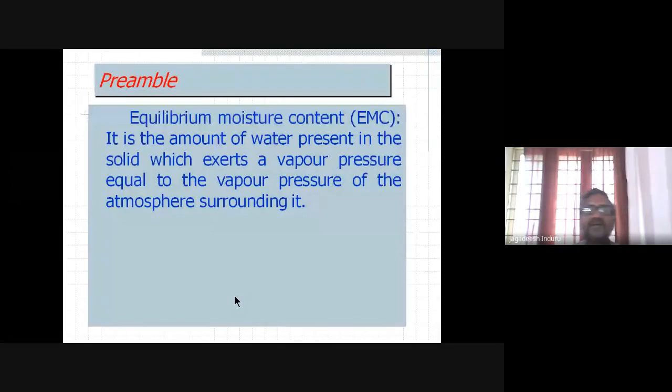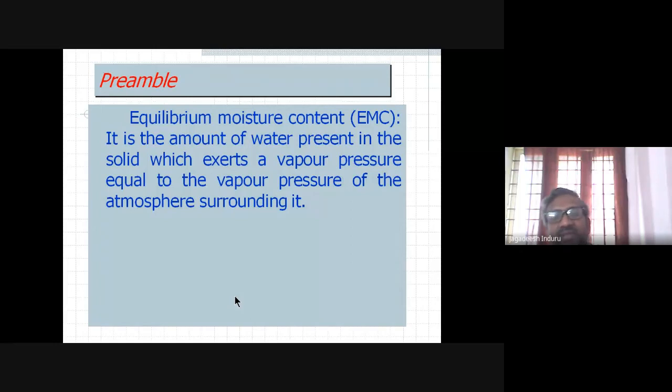Say, for example, if you have some water in any solid, or any solvent in a solid, and it is exerting the same pressure as your atmospheric pressure, then there will not be any further evaporation, because its vapor pressure and the atmospheric vapor pressure are the same. So there will not be any difference in the vapor pressure of that particular liquid and the atmosphere, so it won't get evaporated further.